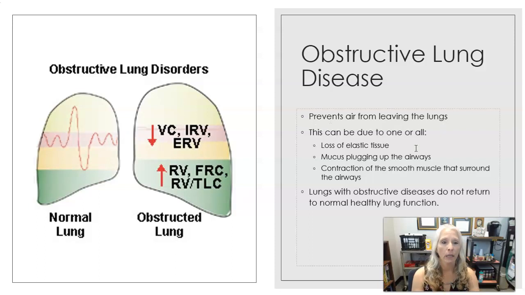They prevent air from leaving: loss of elastic tissue, the flattening of the diaphragm, mucus plugging in the airways. Contraction of the smooth muscle that surrounds the airways can also lead to obstruction. And lungs with obstructive disease do not return to normal healthy function.